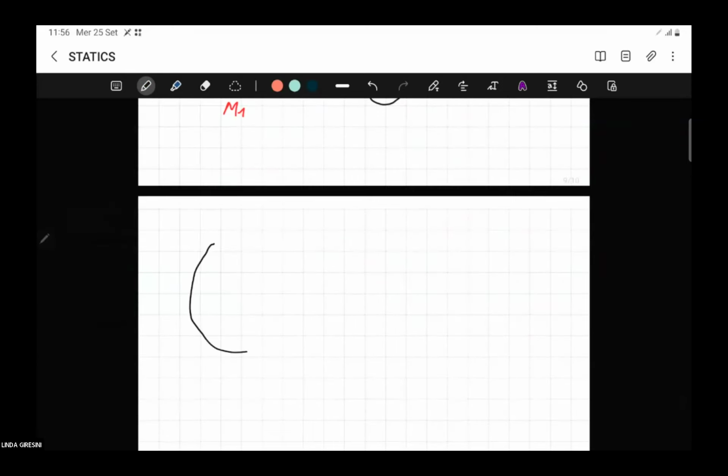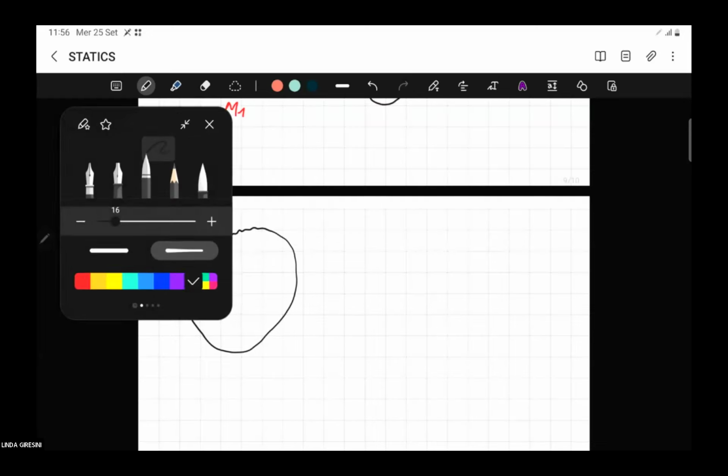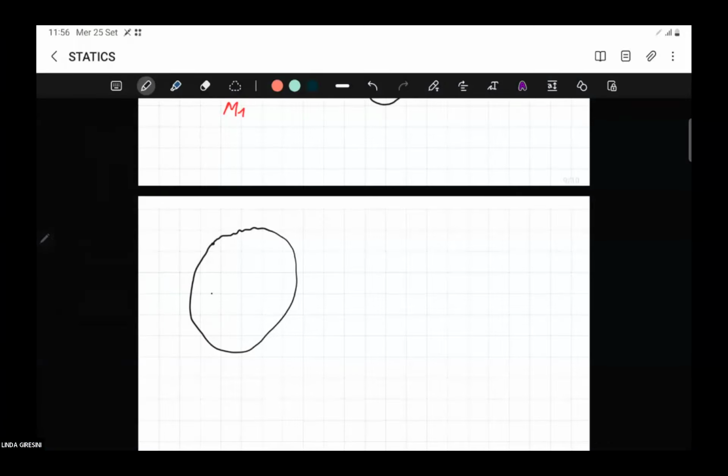So let's assume that, for example, then this situation, F and F with same direction, same magnitude, is absolutely equivalent to this situation in which I have the moment.